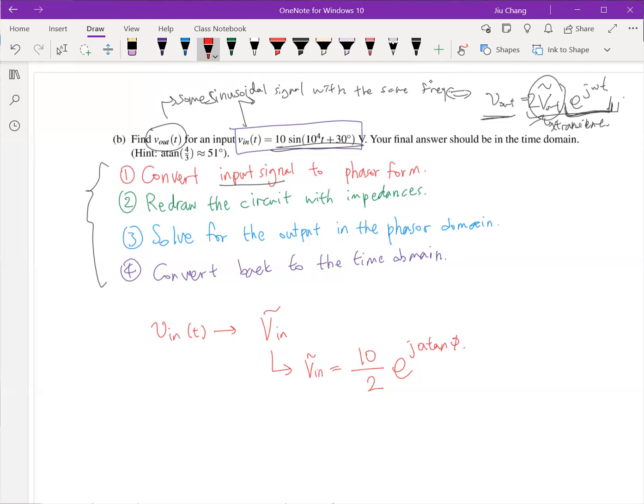But notice that we don't have a cosine here. We have a sine instead.